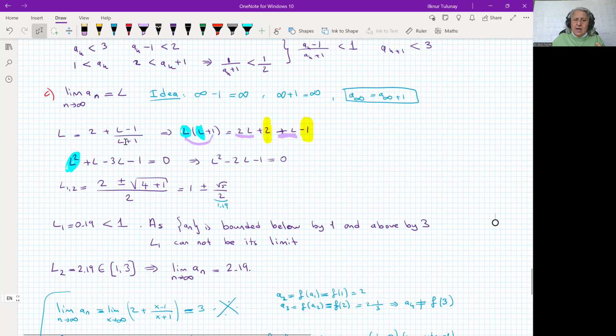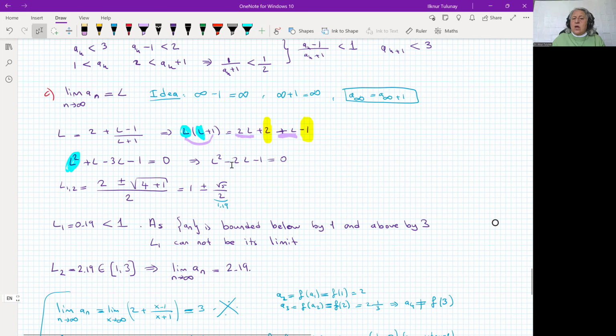So we have L plus 1 multiplied here, L plus 1 multiplied here, L squared we will have, and we have L in this section, and 3L will go to the other side as minus L. We have 2 and minus 1, that will be minus 1, equal to 0.